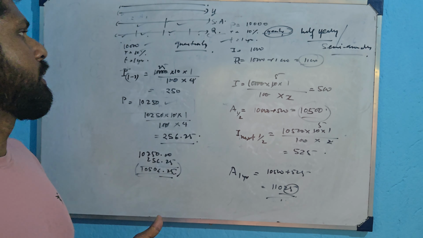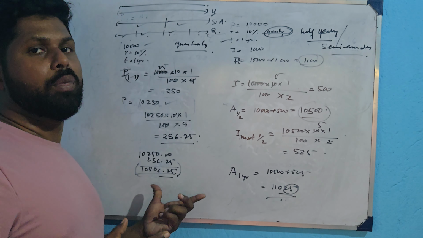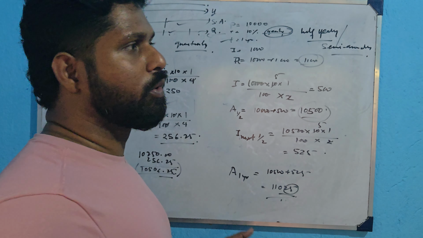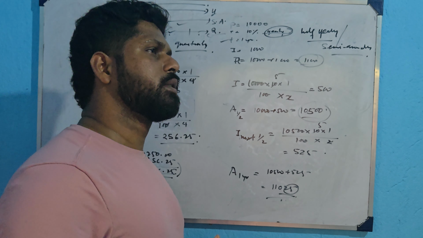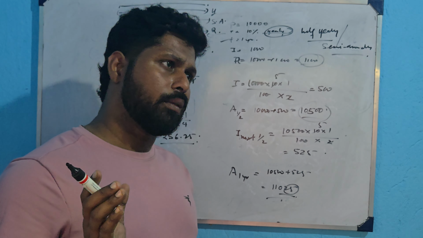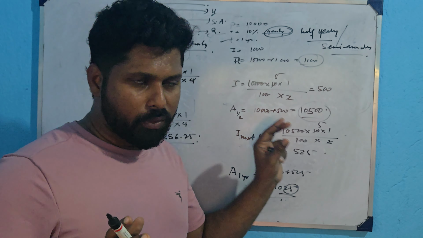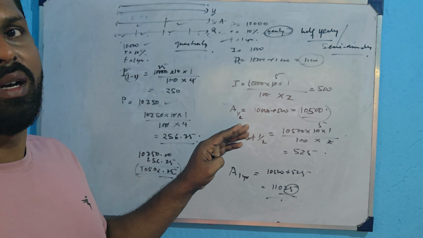So these are the basic things of compound interest. Yes, there is the formula A equals P into (1 plus R by 100) to the power n, that we will discuss in some other session. So today we have dived into the analytical discussions.